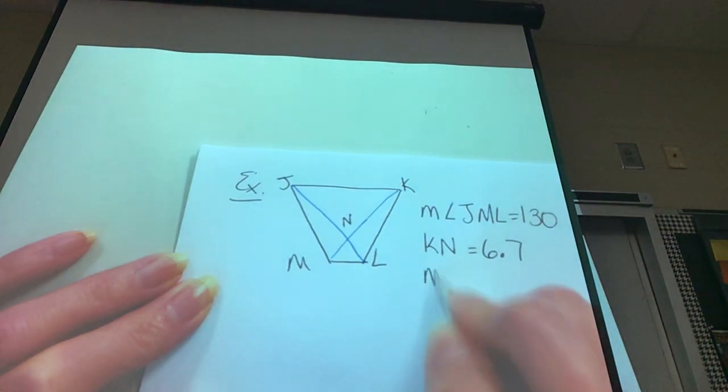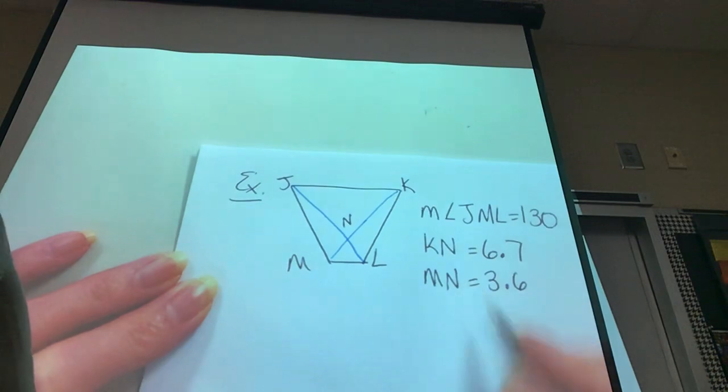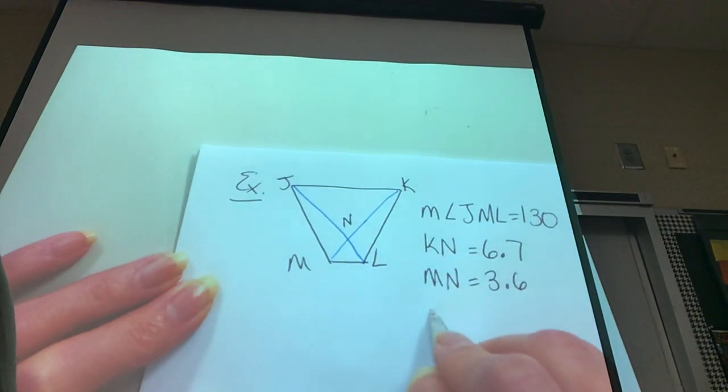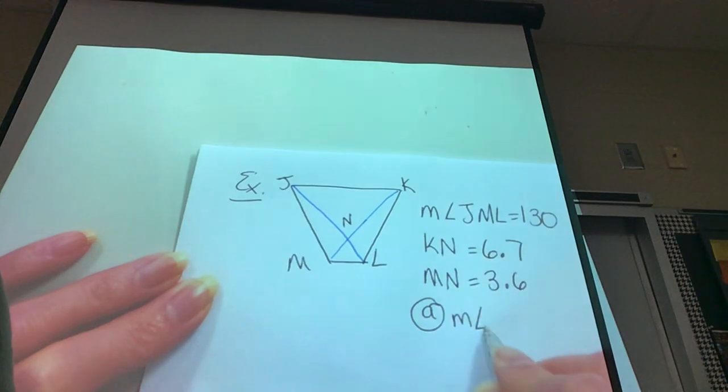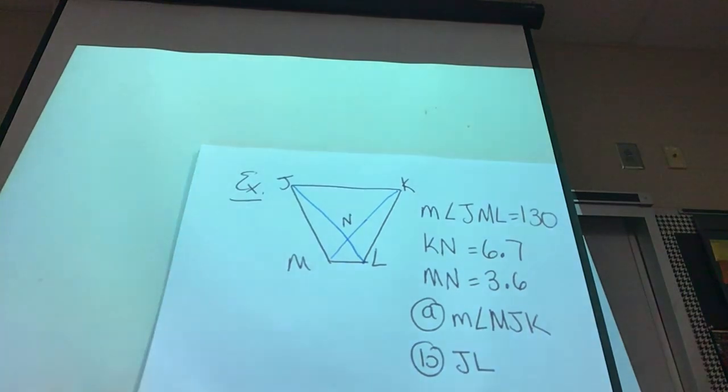And they're telling us that MN is 3.6. They want us to find, the first thing they want us to find is the measure of angle MJK, and the second thing they want us to find is JL.